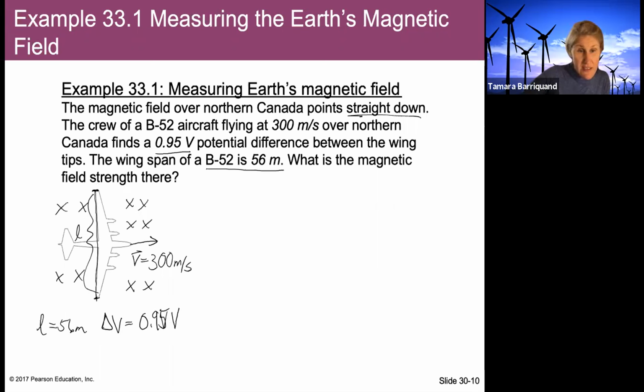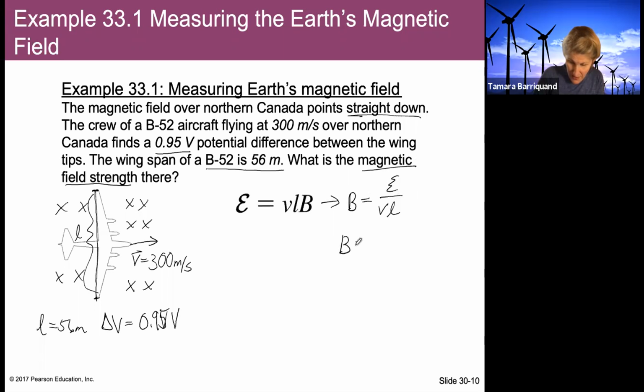So we remember that the induced EMF is going to be equal to VLB. We want to find the magnetic field, so we rewrite this as B equals the EMF over VL. And so B will equal our EMF, which we found to be 0.95 volts, over the velocity of 300 meters per second, times the length of the wings, which is 56 meters.